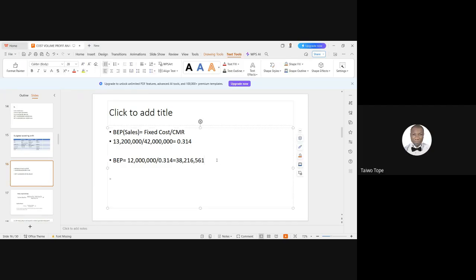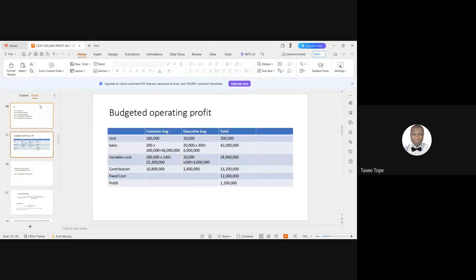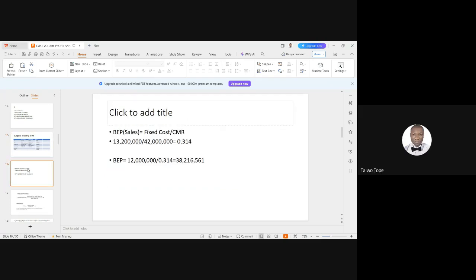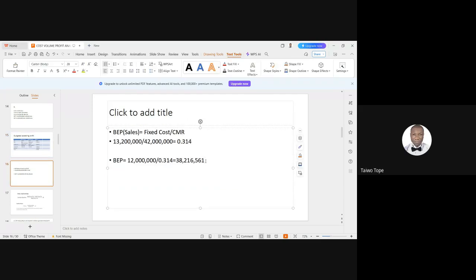So this is what we are doing: to get the portion of common bag, take the sales for common bag, 36 million, divide by 42 million, multiply by the overall break-even, 38,216,561.